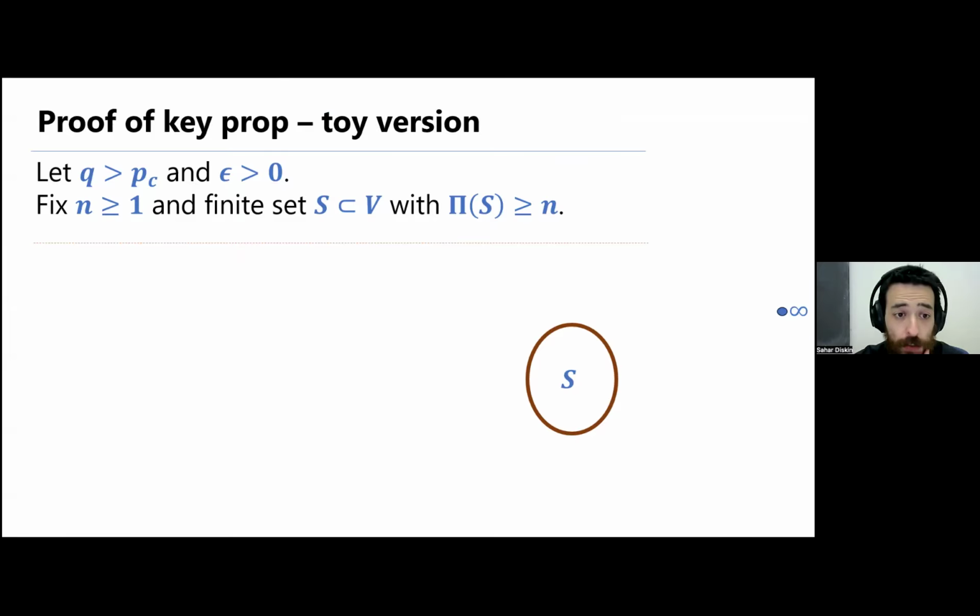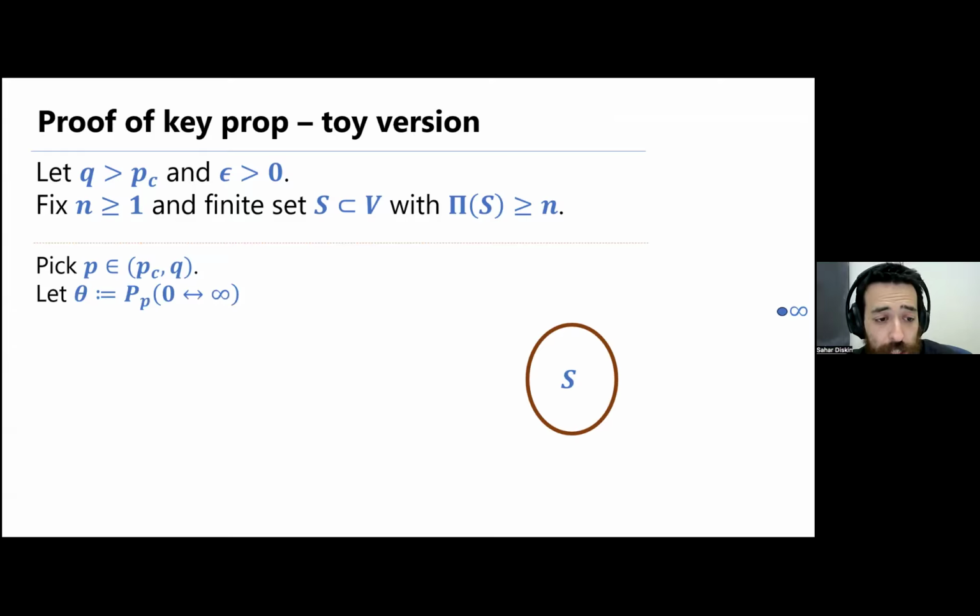In this toy version, we pick some parameter P. It's not the same P as before, it's a different P. This P is supercritical, but it's smaller than Q. I know that Q is strictly above PC, so there is a place where I can fit in P, which is still supercritical but leaves me a little bit of space to sprinkle in the future. And let me denote by theta the probability that 0 goes to infinity.